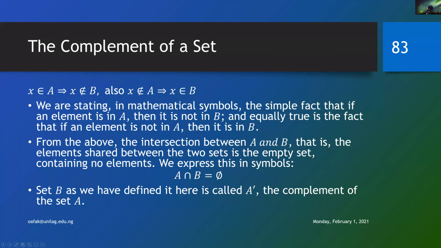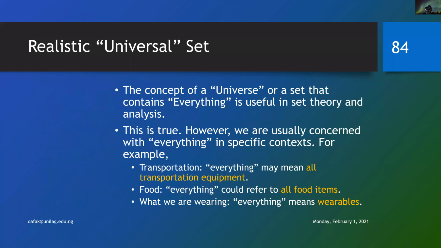But in practical terms, what do we really mean by a universe? The concept of a universe, or a set that contains everything, is useful in set theory and analysis. This is true. However, you are usually concerned with everything in specific contexts. For instance, if we are in transportation, then everything means all transportation equipment that we have in mind.